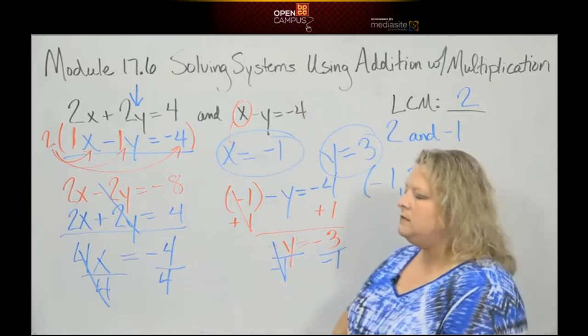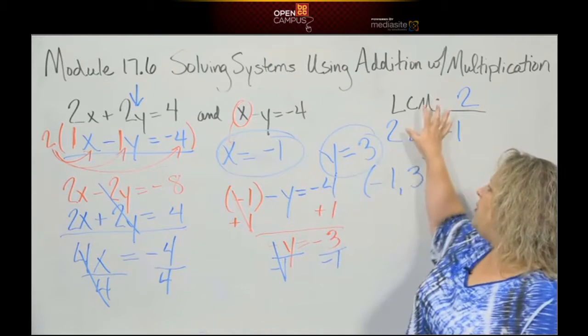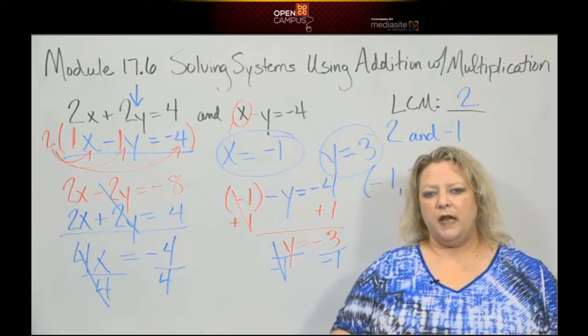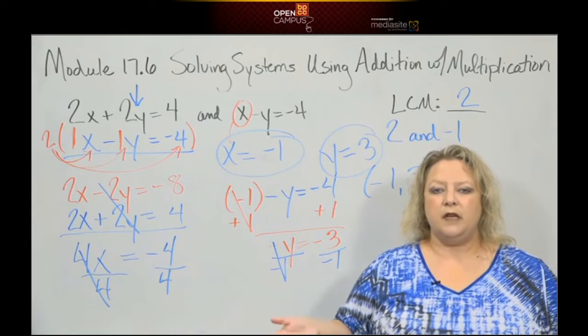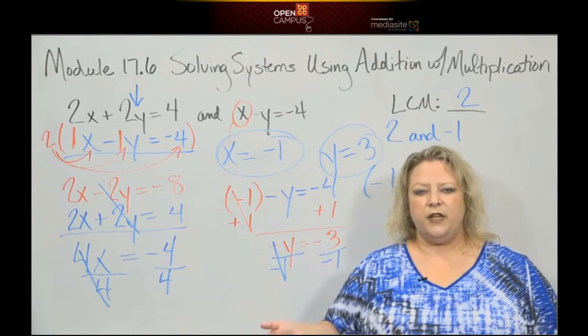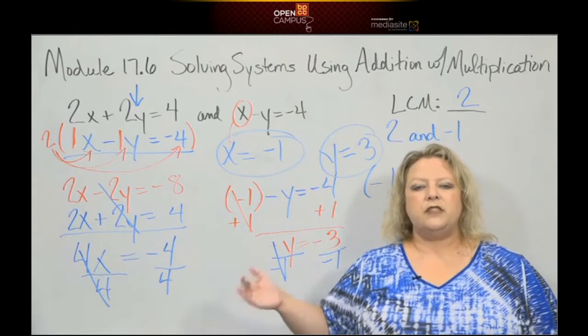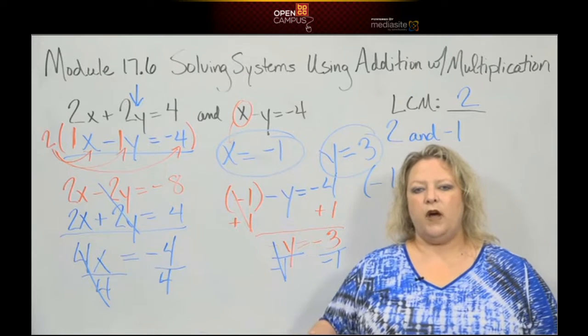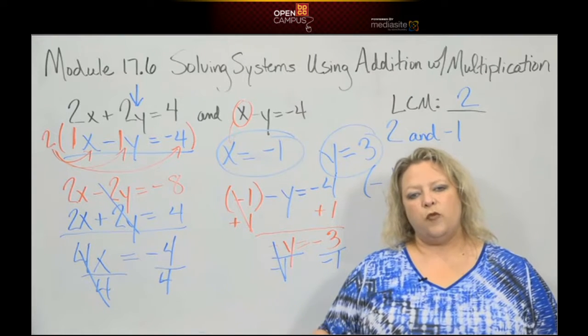Now, if you are having a problem remembering how to do least common multiple, pretend that it's a least common denominator anyway. That way it makes it a little bit easier for you to remind yourself how to find it. Like I did on the slide, 4 and 12. The common multiple was 12.